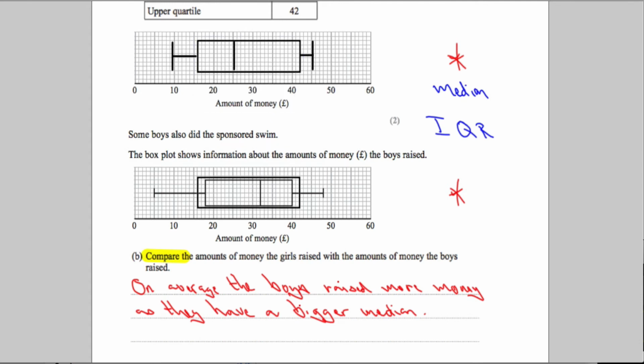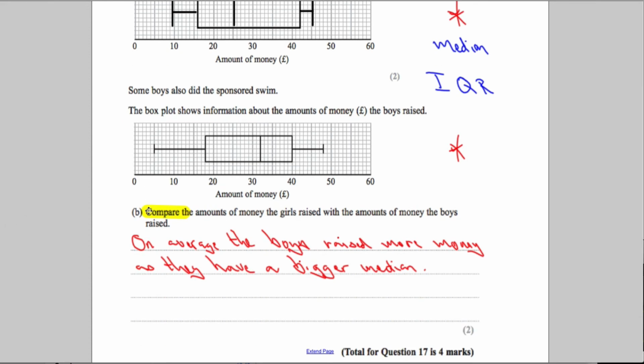We can see that the girls have a wider box in this case, which means that their data is more spread out. So we can say the girls' amounts of money, so the amounts of money that the girls raised, are more spread out.